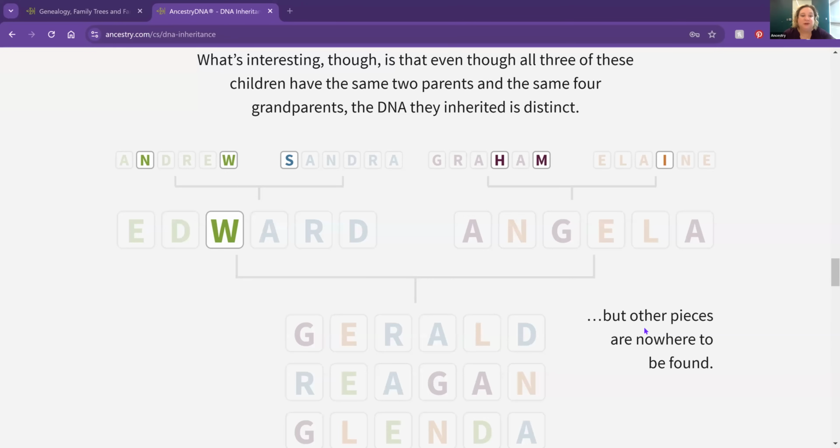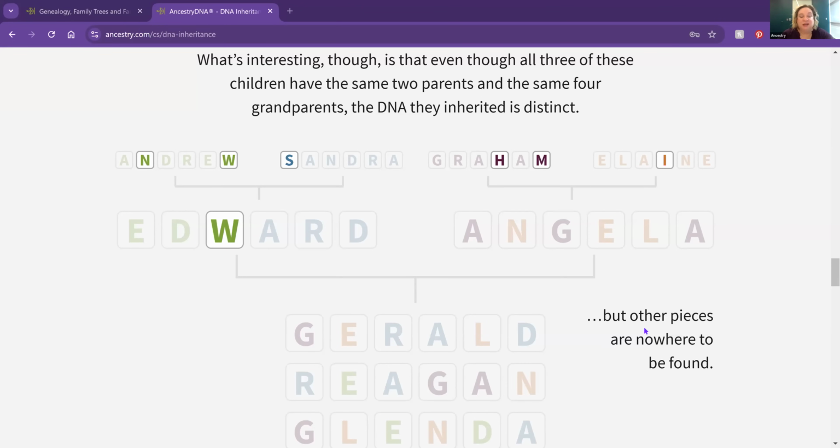So for example, Andrew had an N that didn't get passed down because Edward only got half of his father's DNA. Andrew had a W that did get passed down to Edward, but then Edward didn't pass it down to his children. So that piece of DNA got lost in this branch of the family tree.